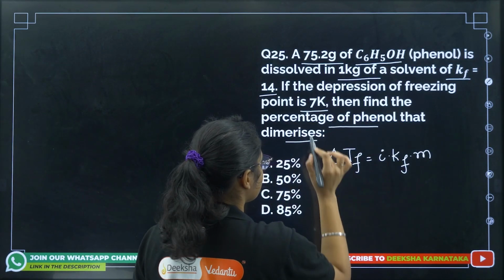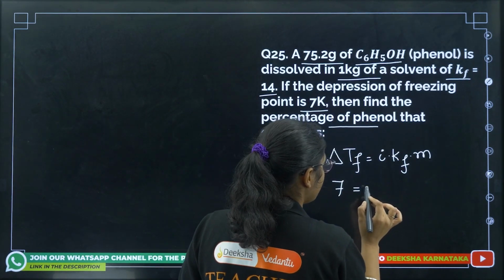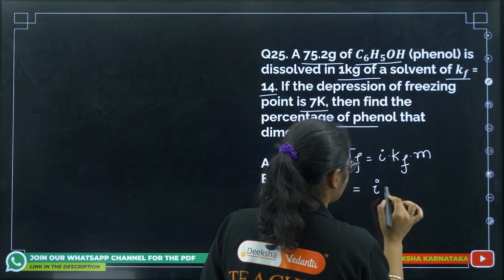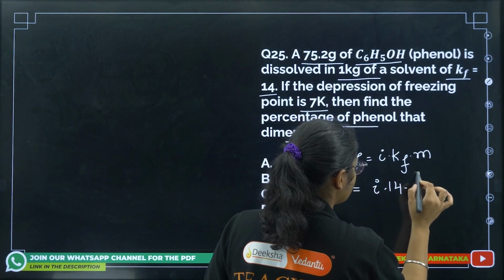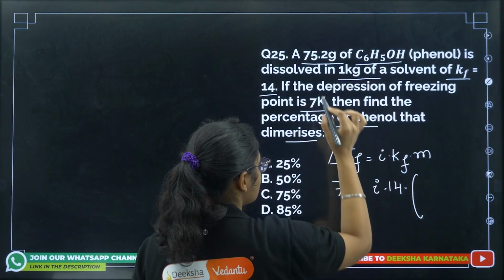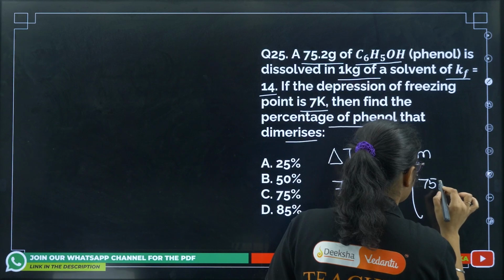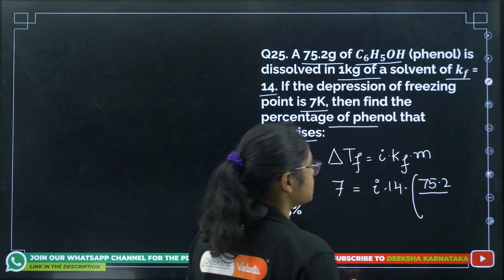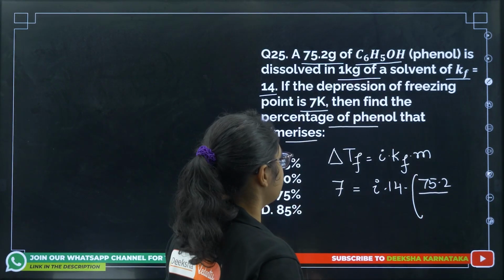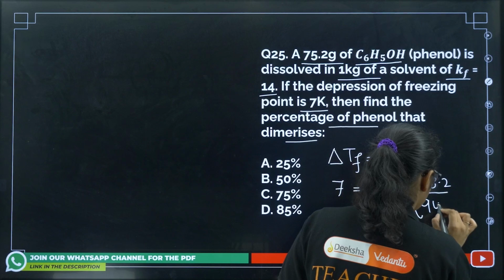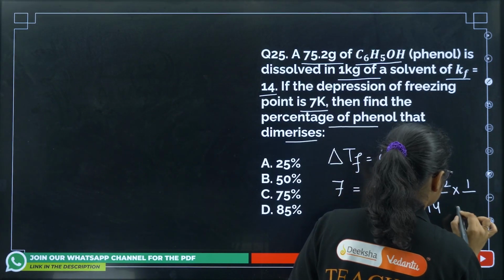Delta Tf is 7. The i value we need to calculate. Kf value is 14. For molality, the given mass is 75.2, and the molar mass of phenol is 94, into 1 kg.